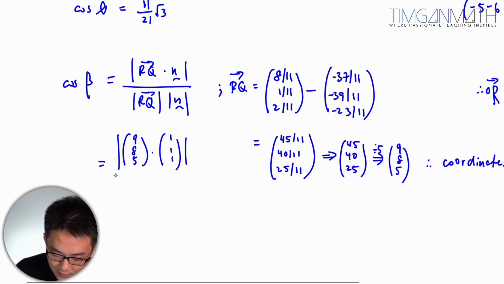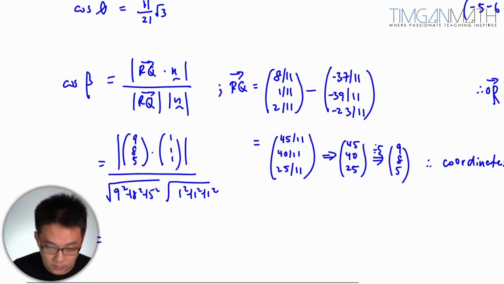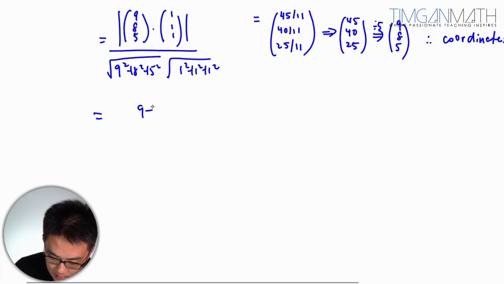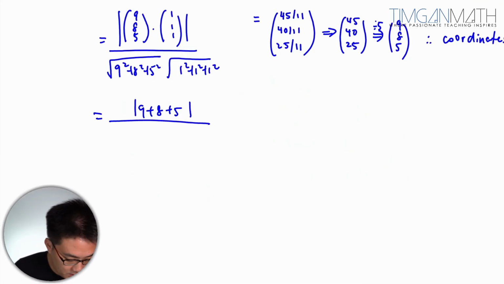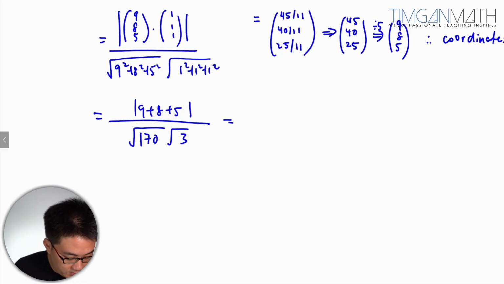It is really the same. So I'm going to use the square root of 9 squared plus 8 squared plus 5 squared, times the square root of 1 squared plus 1 squared plus 1 squared. So the top will be 9 plus 8 plus 5, which is 22, over the modulus: 9 squared plus 8 squared plus 5 squared is 170, times root 3.